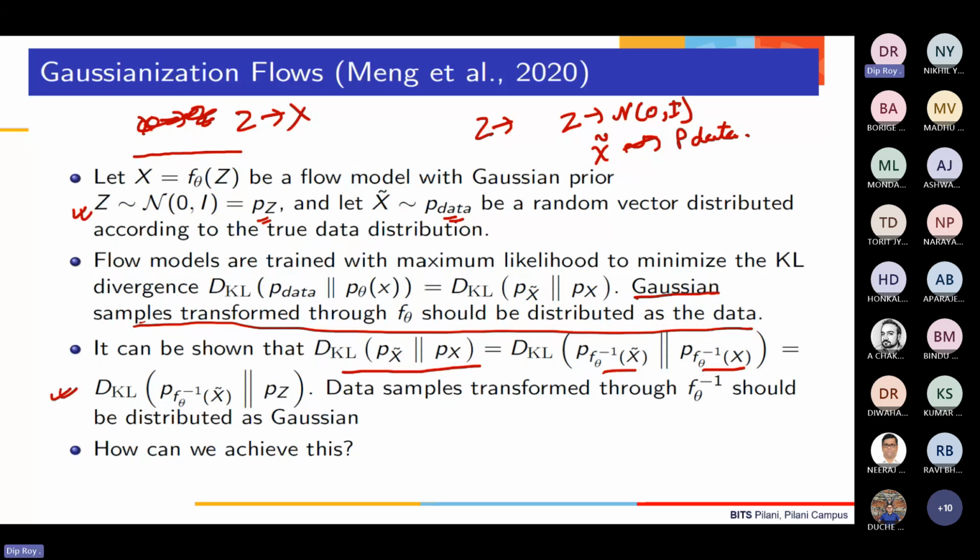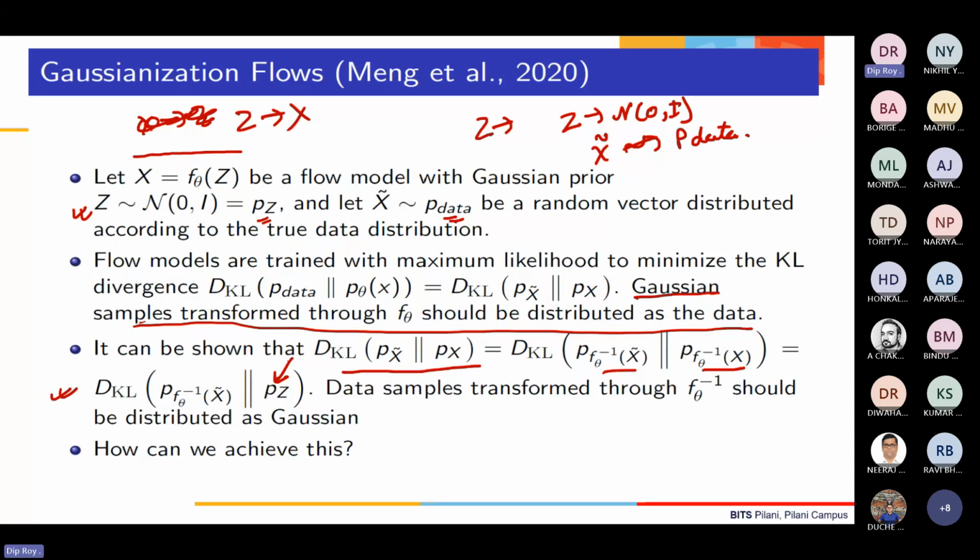The KL between the distribution of the inverse transformation of the samples from the true distribution and your Gaussian distribution, P of Z. Now the trickery is that we know P of Z is a Gaussian distribution.